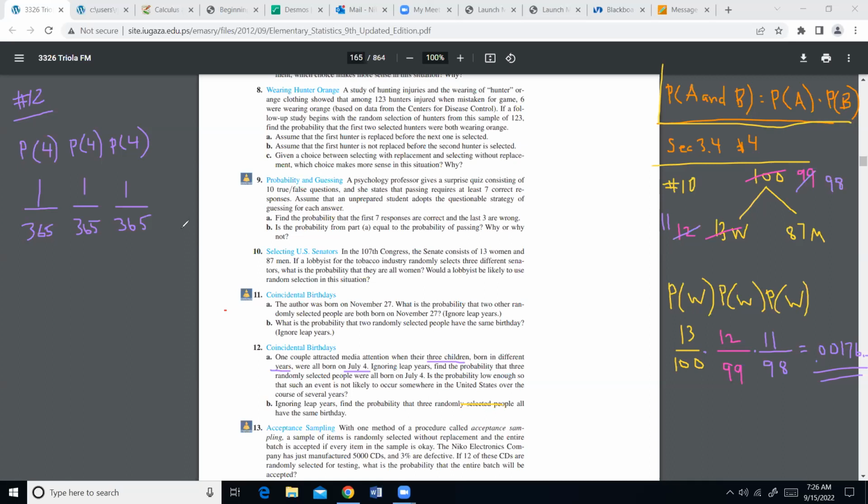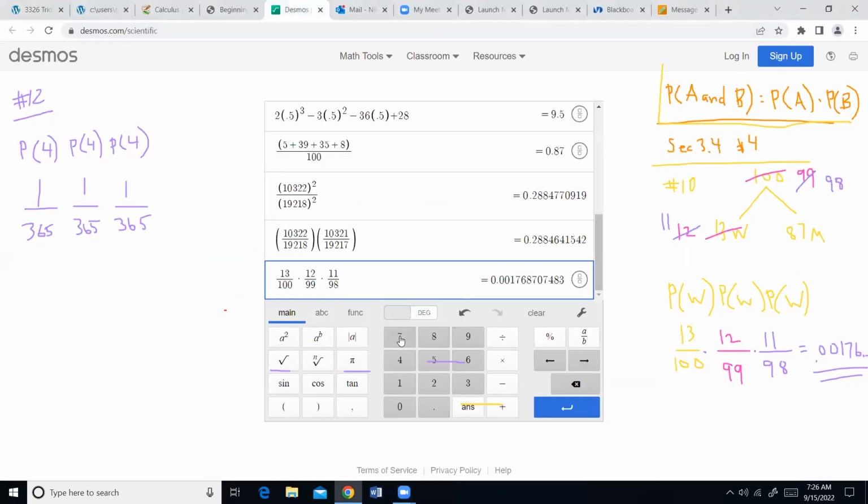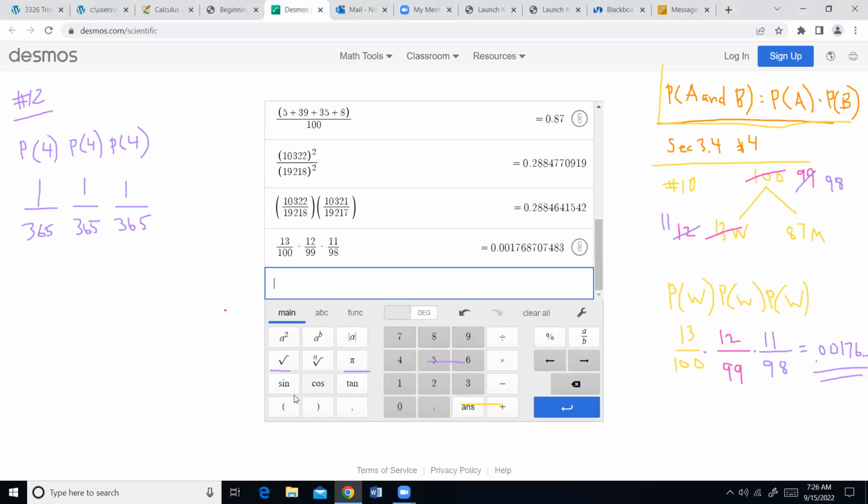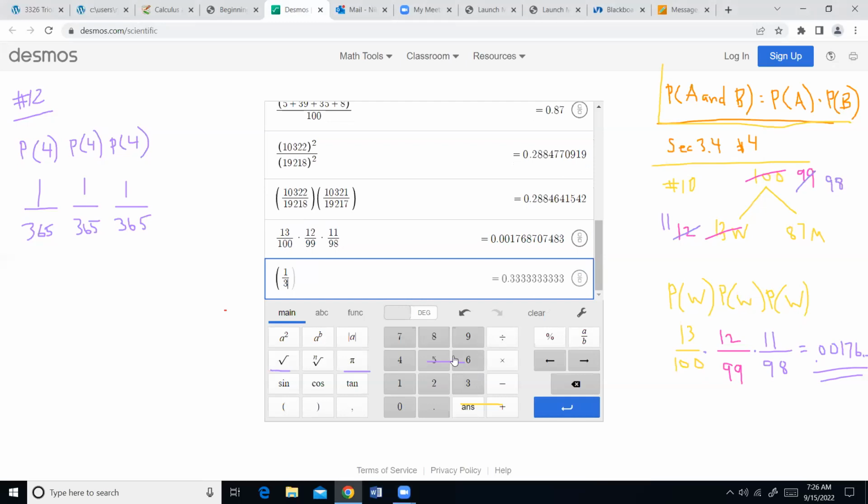So you could just cube this. You don't have to re-enter this again and again. I could just raise it to the power of 3. So let me get a calculator and get the answer here. I'm going to put this 1 over 365 in parentheses, and then raise it to the power of 3.